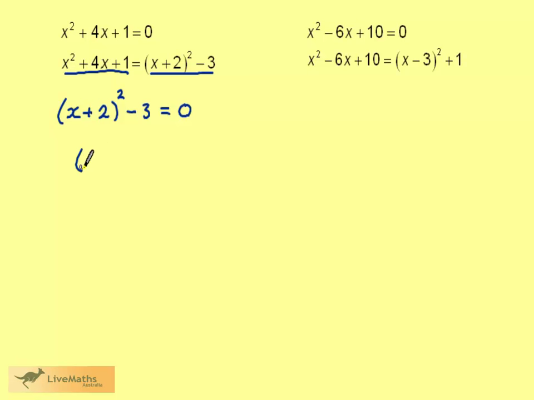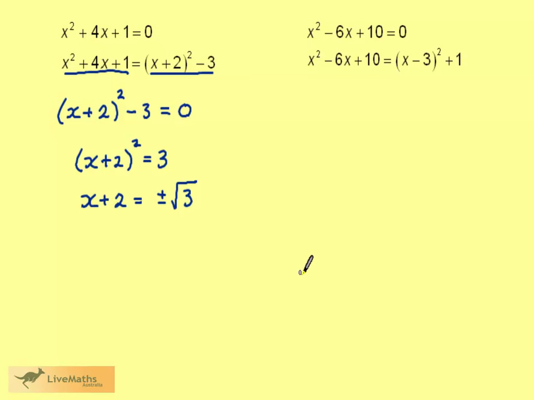If we add 3 to both sides of this equation, we have (x plus 2) all squared is equal to 3. Square rooting both sides gives x plus 2 is equal to plus or minus the square root of 3.